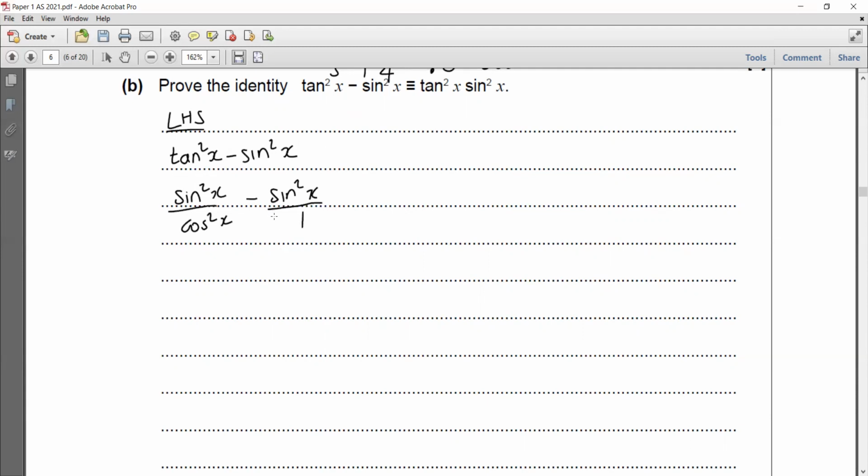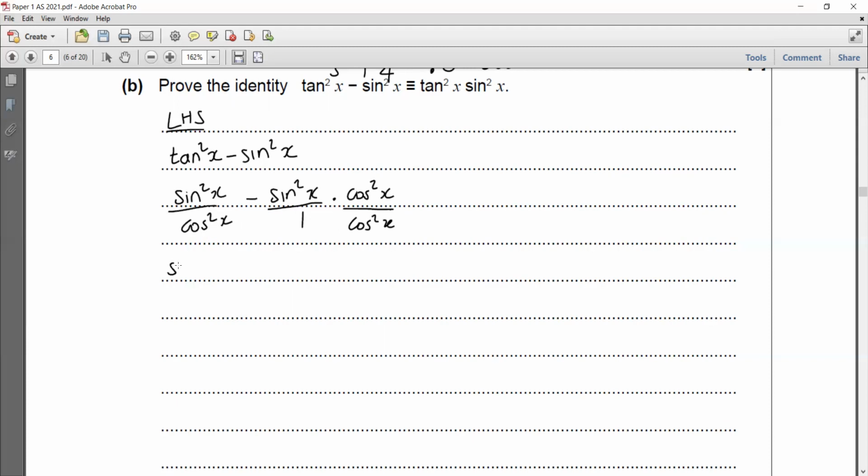Okay, so here I now have two fractions, and in order for me to add the two fractions, the denominators must be the same. Here, the denominator is cos squared, there the denominator is 1, so I can multiply this one by cos squared x over cos squared x.